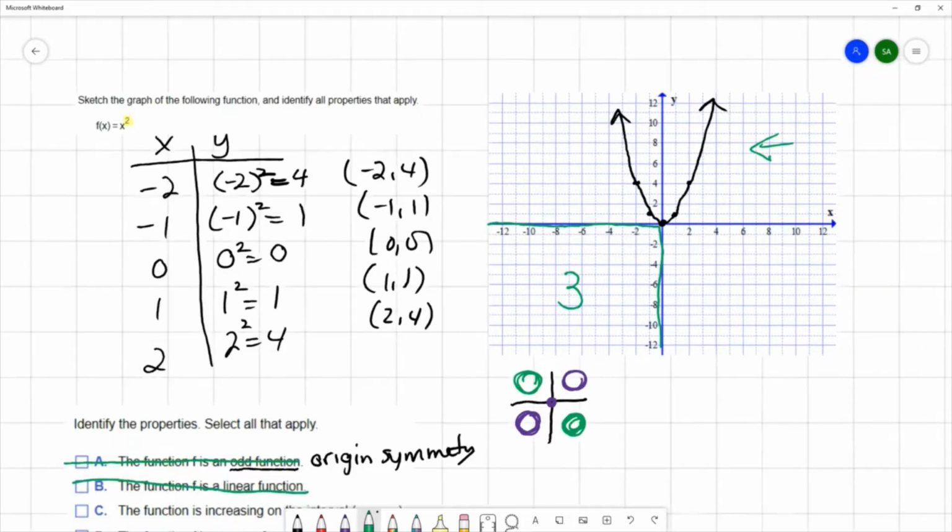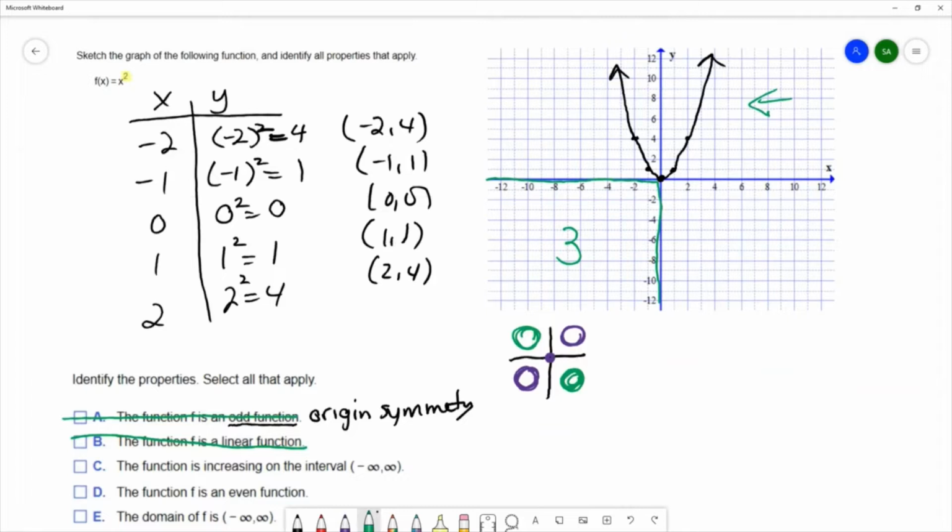Let's see the next statement. So the next statement says the function is increasing on the interval from -infinity to infinity. As I look at this graph, starting from left to right, my y values are decreasing along this section and increasing along this section.